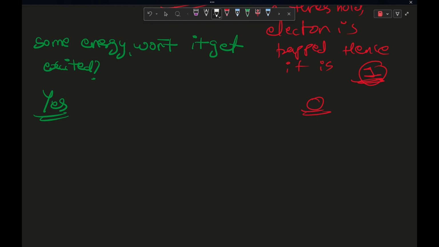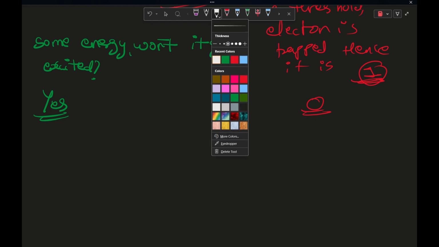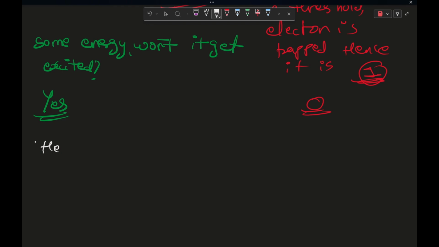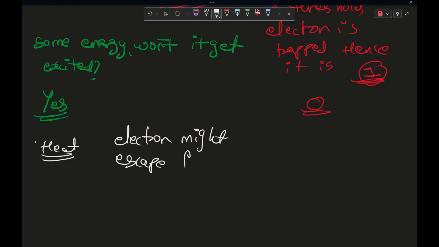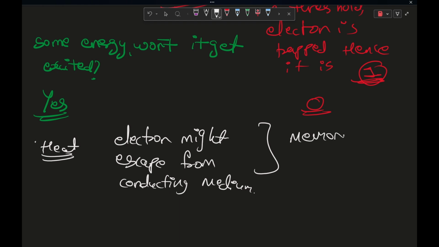See, the energy required is quite high, but for example, if so much heat is provided or is surrounding it, the electron might escape from the conducting medium. So we can say memory can leak.